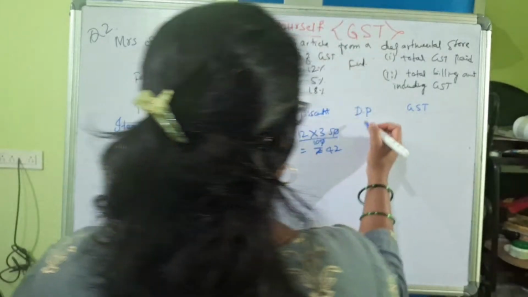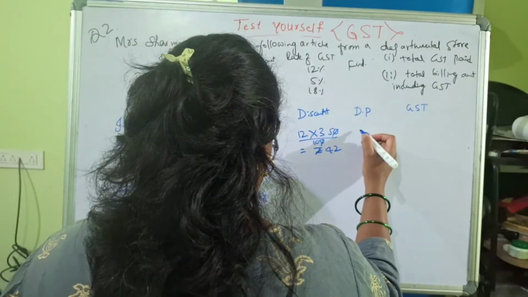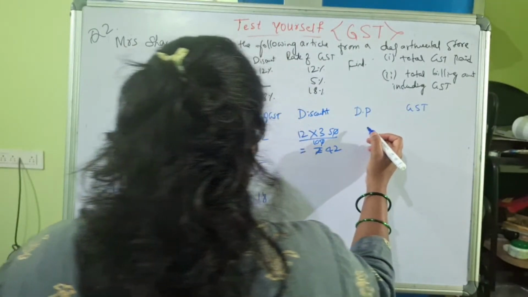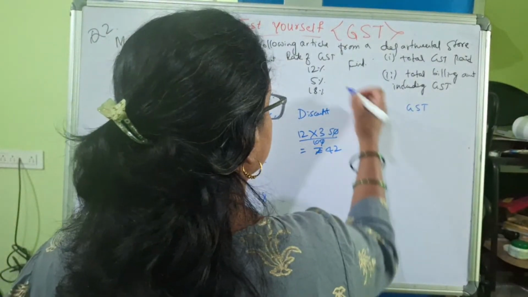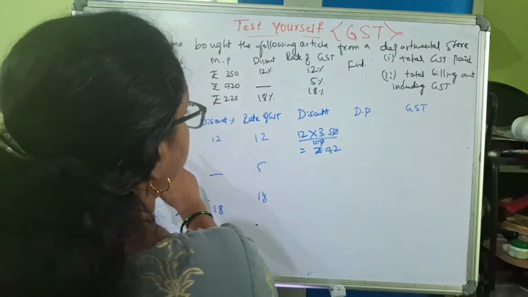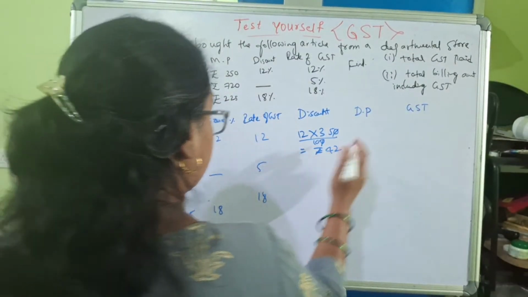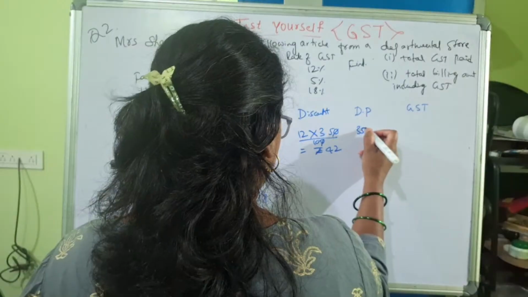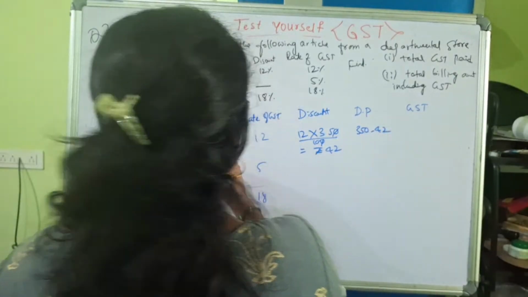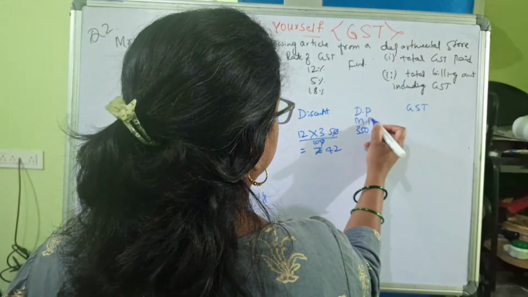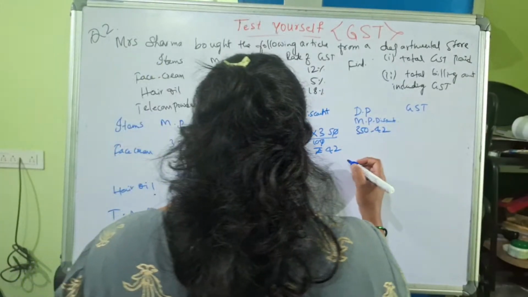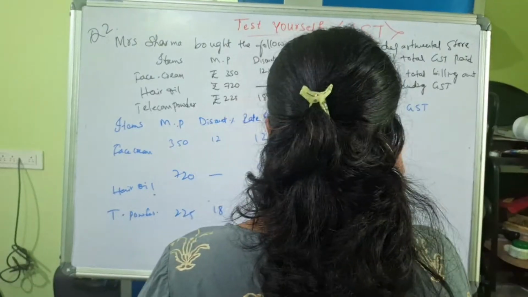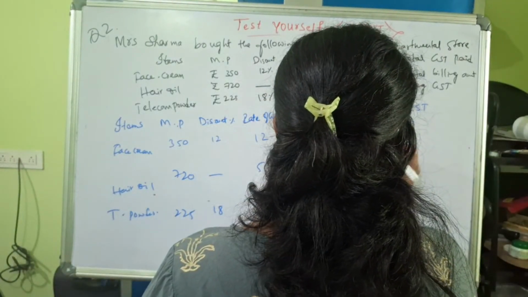And here discounted price is equal to market price minus discount, that is 350 minus 42, which is equal to 308.